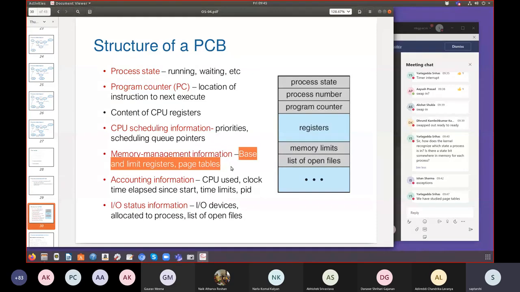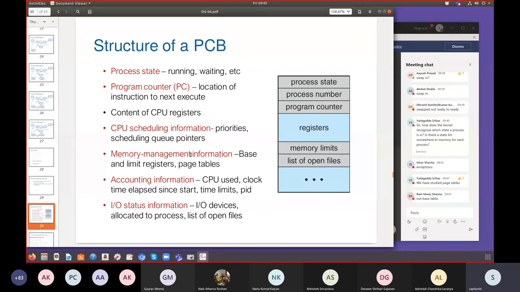Okay, so you are studying page tables, yeah. So something like that, okay, fine. But yeah, so these are for memory management. So which part of the memory is allocated to the process, etc.